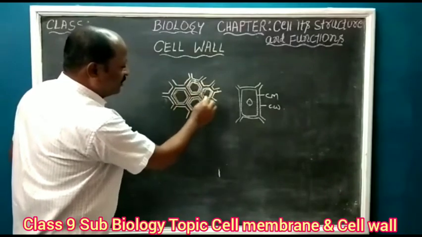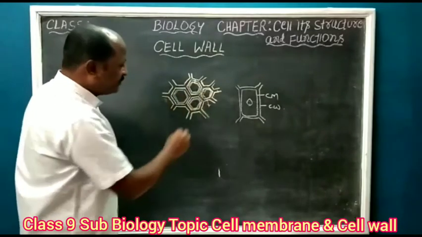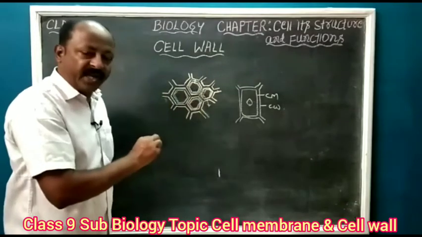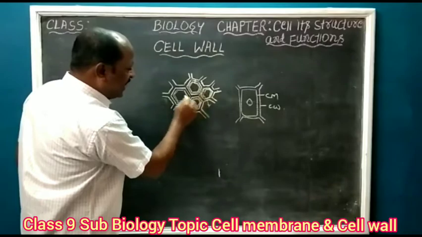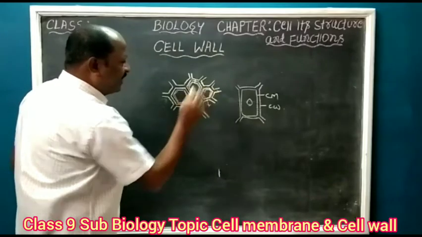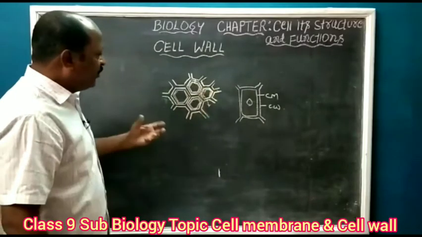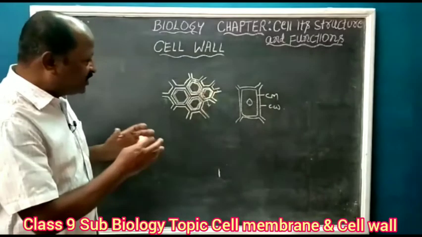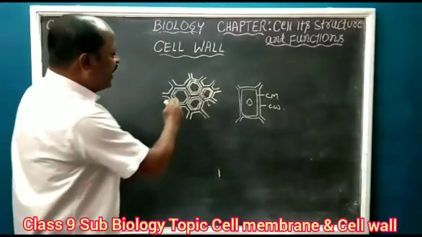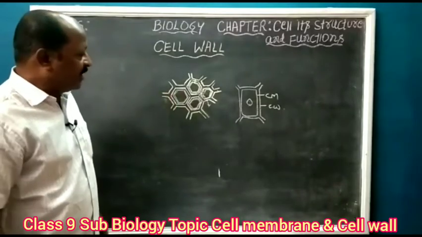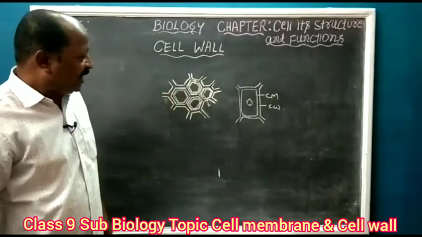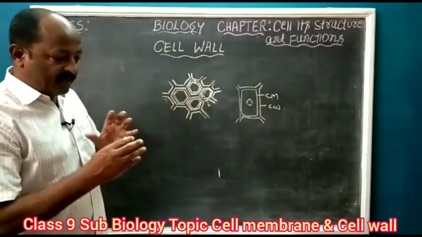These are all the adjacent cells. So during the growth and development, the exchange of the information between the cells is taking place with the help of the cell wall. So cell wall is playing an important role in exchange of the information with the other cells.